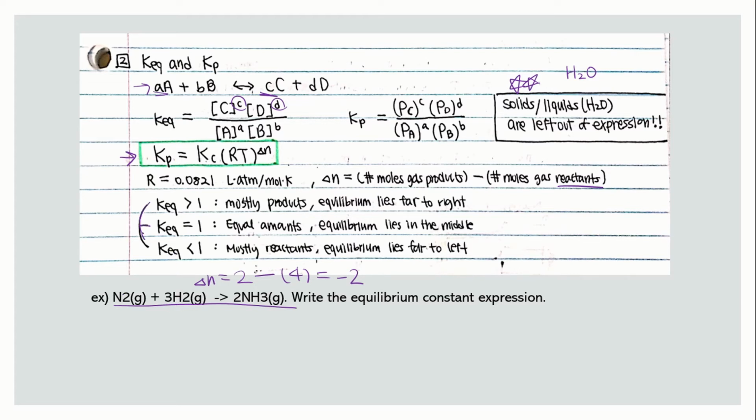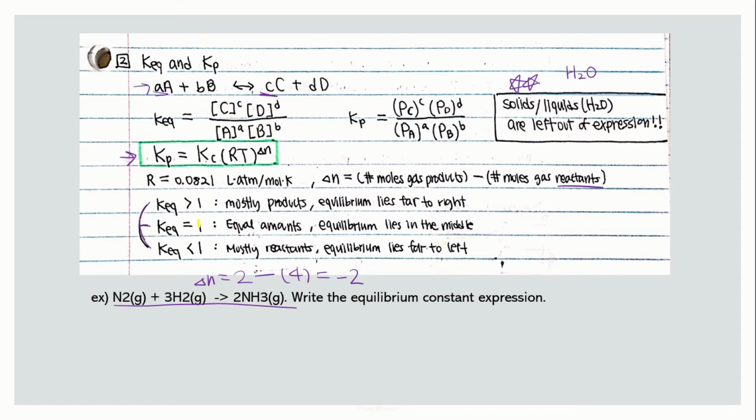Also, there are 3 cases for Keq. If Keq is larger than 1, there will be mostly products at equilibrium, and equilibrium lies far to the right. You can derive this from the equilibrium expression. If Keq is larger than 1, from this expression, it would mean that the numerator is larger than the denominator. And because the numerator, which is products, is larger, it means that at equilibrium there will be mostly products.